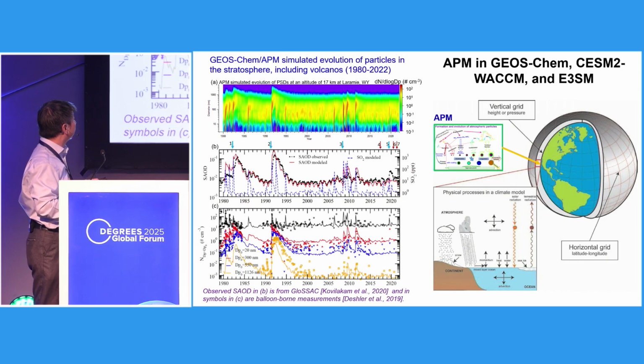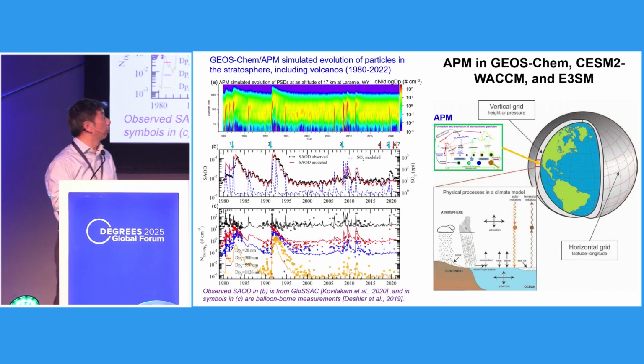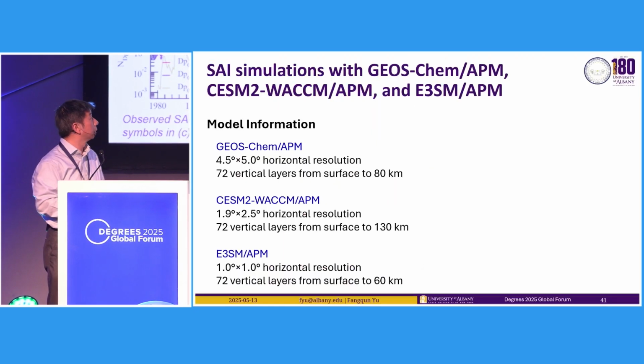We also compare with the balloon-borne aerosol measurements of different cutoff sizes. You'll see the model captures the variations, though they are different in some details. So the model reasonably reproduces the observations. And the other models, E3SM and CESM, have similar performance.